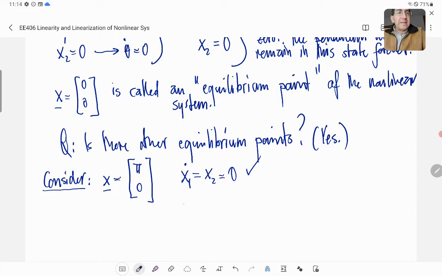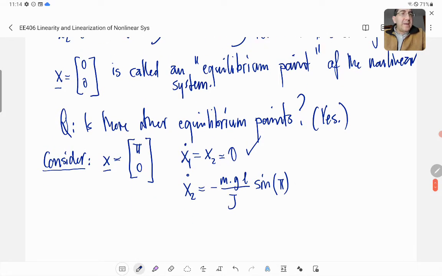Okay, and x2 dot is equal to, remember, it is given by minus mgl over j sine x1. What is x1? x1 is pi. So this is sine pi minus b over j x2.